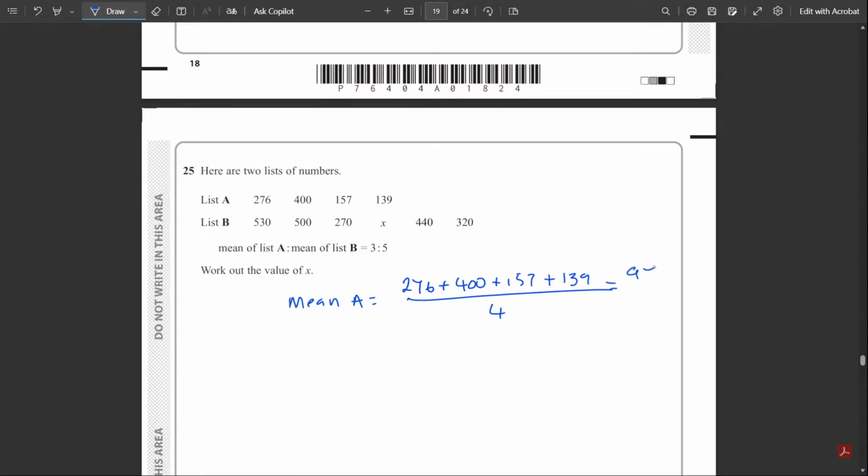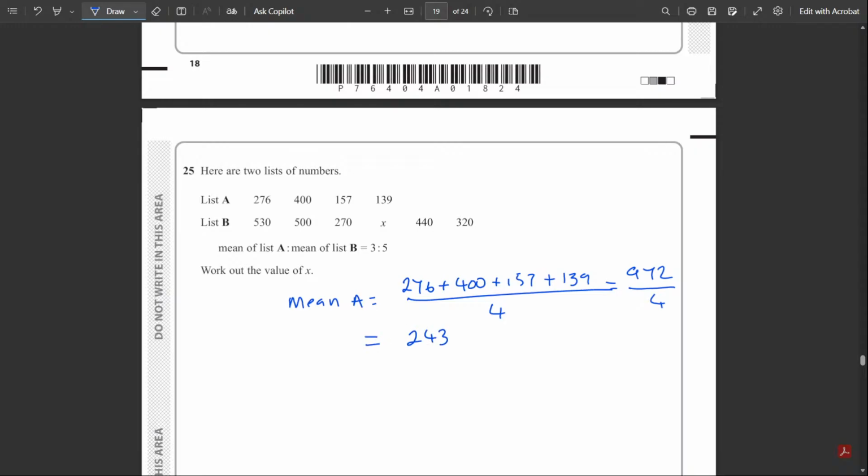So I had 972. 100, 200, 400. Seems right to me, divided by 4. So I get mean of A to be 243.